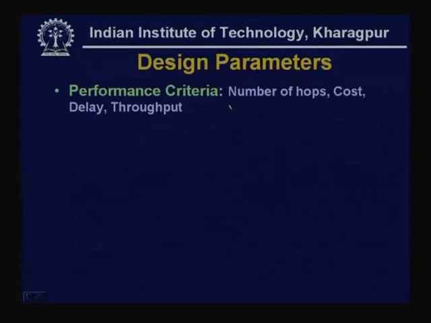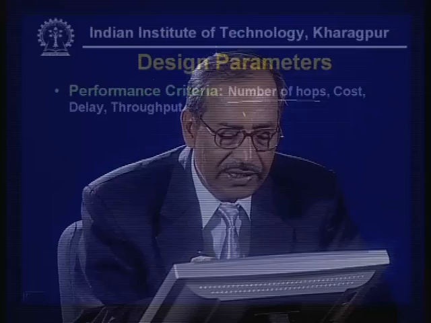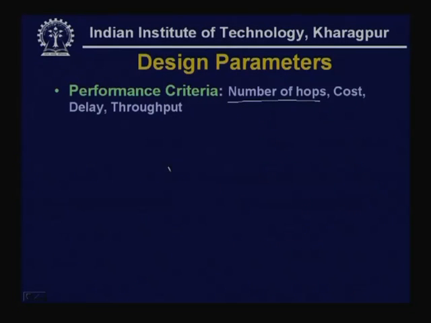What performance criteria will you use in finding out the effectiveness of a particular routing algorithm? One performance parameter is the number of hops. As you have seen, whenever packets are going in a network, they make several hops. How many hops it makes through the intermediate nodes can be a measure of the performance.